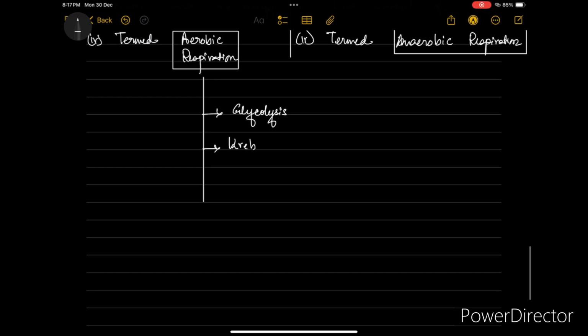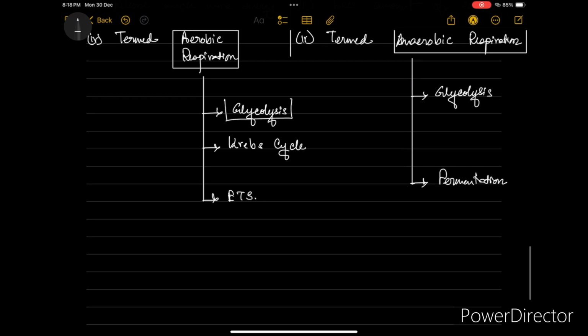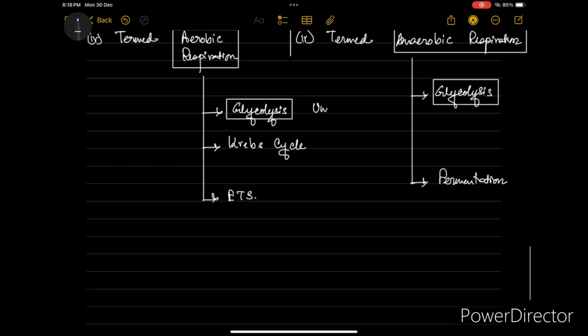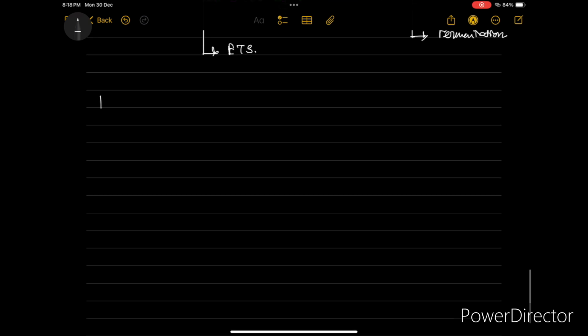The first step is glycolysis, the second one is the Krebs cycle, and the third one is the electron transport system, which we shortly refer to as ETS. Whereas anaerobic respiration includes two different processes, that is glycolysis and fermentation. Among these two, aerobic and anaerobic respiration, glycolysis is the universal pathway, that is, it occurs in both types of respiration.